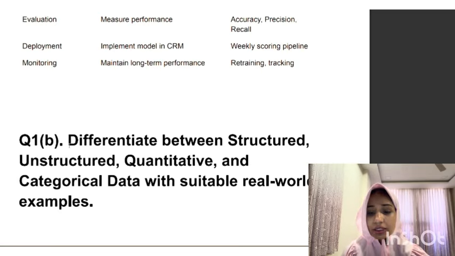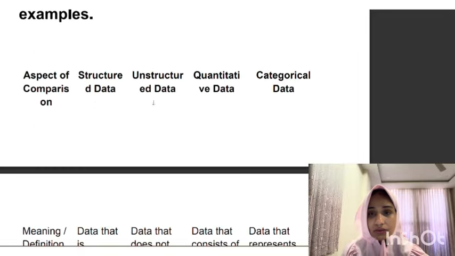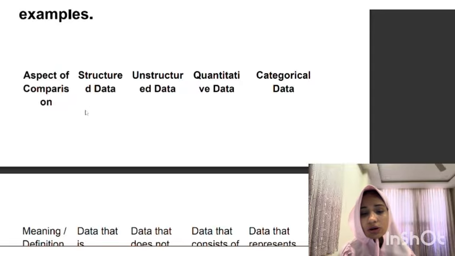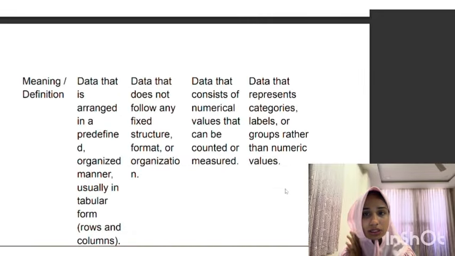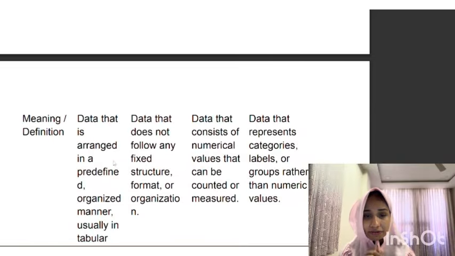So differentiate between structured, unstructured, quantitative and categorical data with real world examples. So aspects of comparison, on what basis we are comparing. First column is structured, second is unstructured, third column is quantitative, and fourth is categorical data. So meaning and definition.